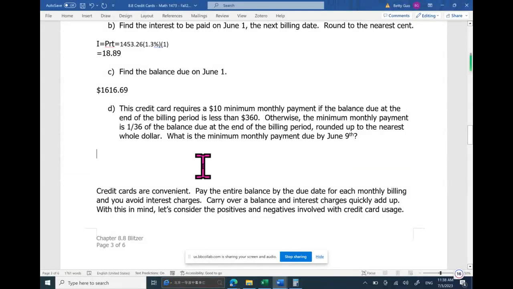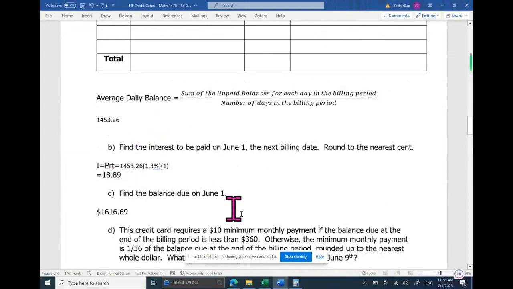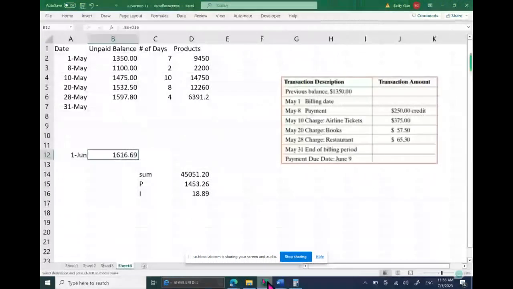Okay, let's figure that out. Two cases, right? The first case, if your balance at the end of the billing cycle is less than $360. And let's see, what's your balance? Your balance at the end of billing period is this number.